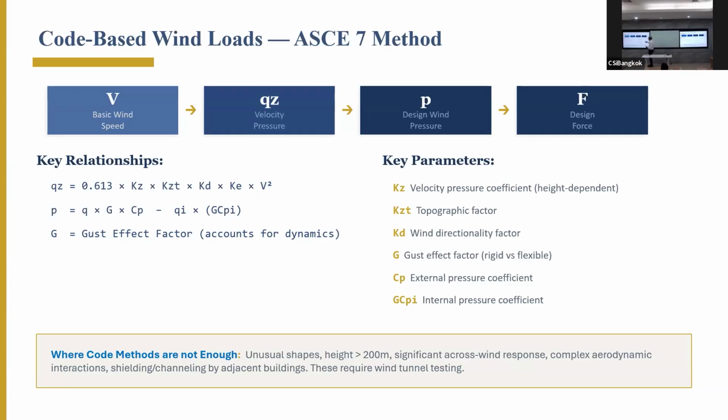Then wind direction factor, then gust factor, because of the dynamic effects, and then external pressure coefficient, because each face of the building will have different pressure. As I mentioned, there's a windward side, a leeward side, and the other sides. Each side gets different pressure for the same wind based on the local wind pressure coefficients. So you have many things to combine together: same wind, many pressures on different sides and at different heights.